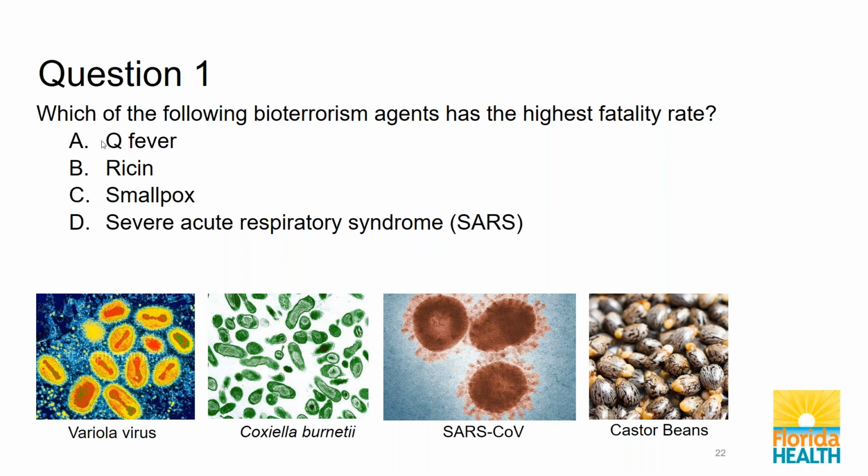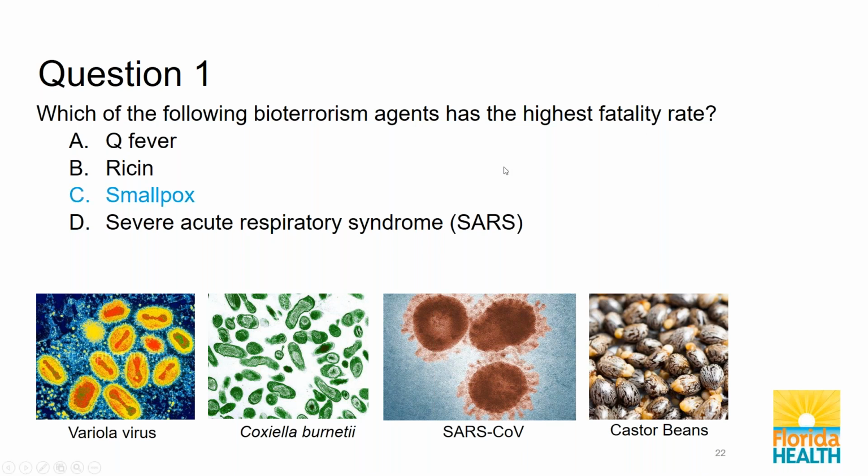Q fever, if you're friends with bunnies, quite possibly, but like Elizabeth said, Q fever is much more limited. Here they're not necessarily asking you if you know these fatality rates. They're wanting you to use what you know about these pathogens to come up with an answer that makes sense.